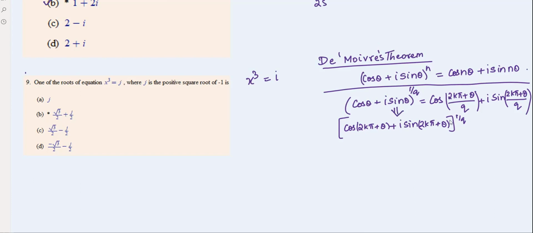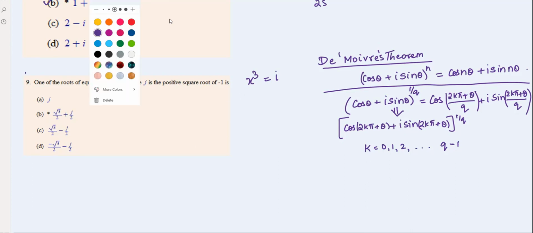Because this is a fraction, you will get multiple roots. Those multiple roots you will get using this. Now k starts with 0, 1, 2 up to q minus 1. You will get all different roots. So this is what you will have to use here.